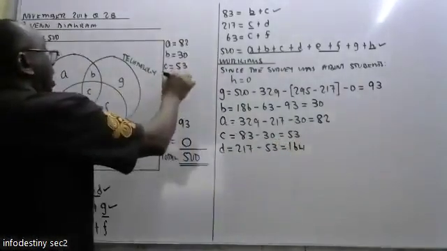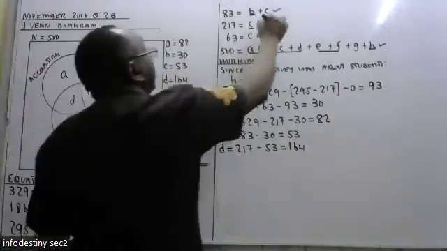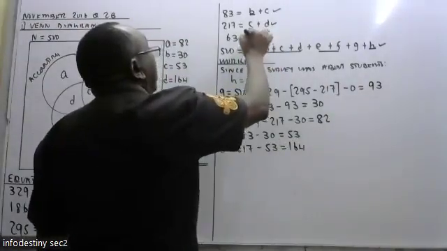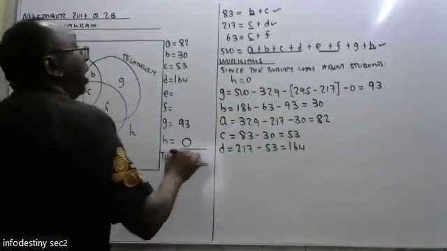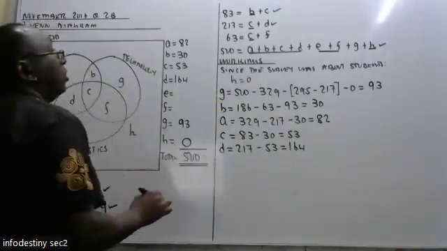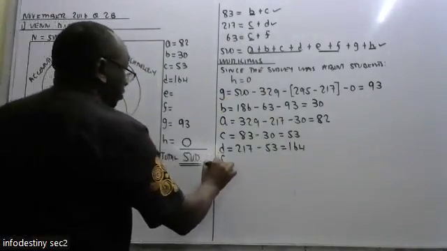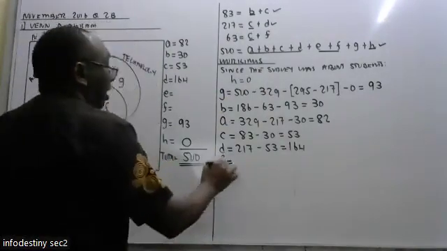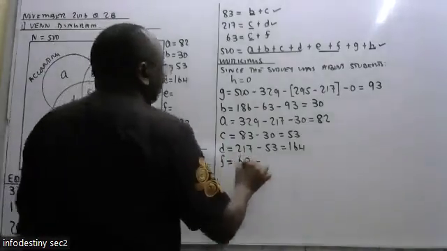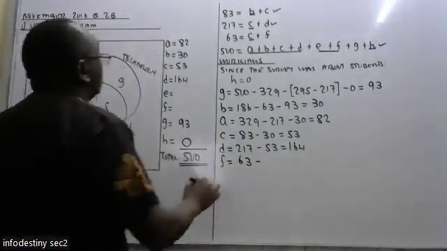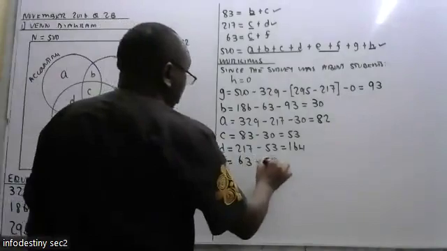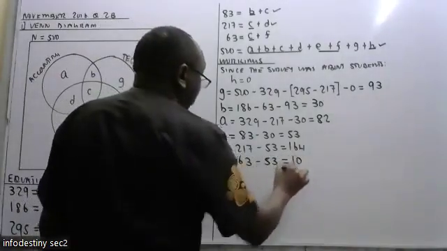So B is 164. I mark this one. Then I rush here where I know C. So I can be able to get F as 63 minus C, which is 53. So F must be 10.